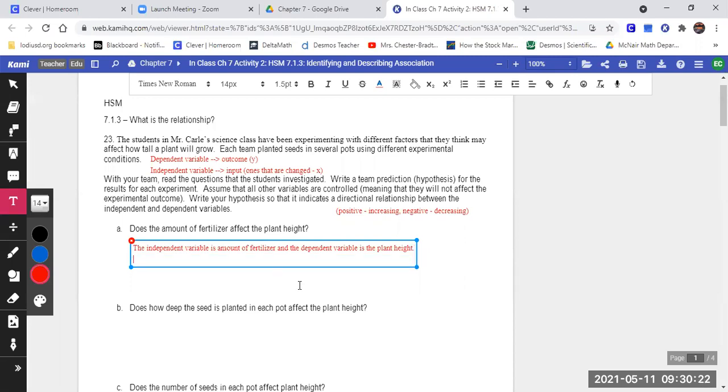So what is our prediction? So if we rewrite it from the independent point of view, we would talk about the fertilizer first, because independent is fertilizer, right? So as the amount of fertilizer is, what is the math word for get more?